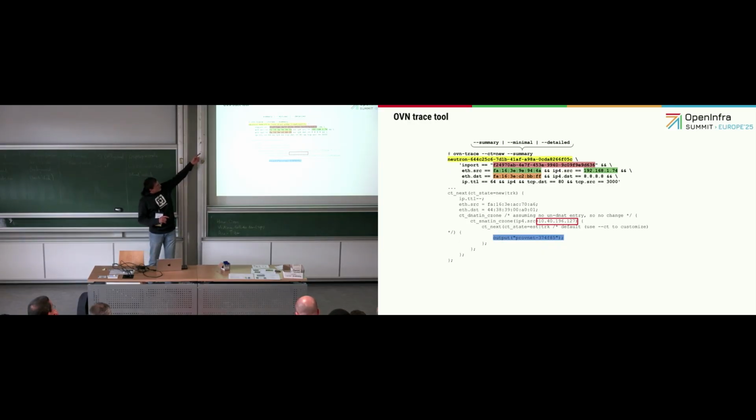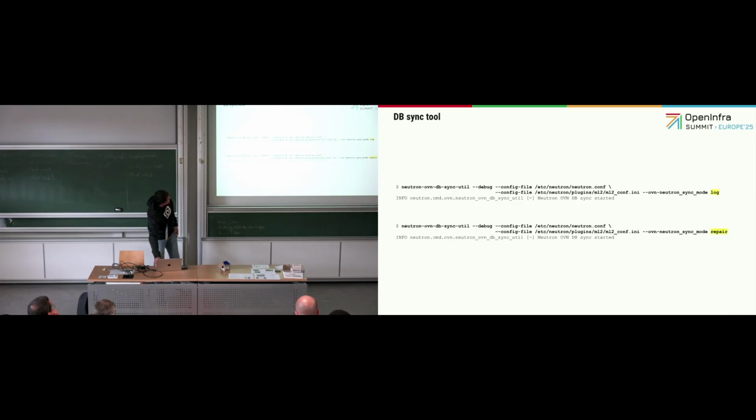This is an example of how unicast traffic for a specific TCP port will go from the private network, from a specific virtual machine, and end up in a public network. And here you can see that in the end, it will be translated by the NAT table to the public address and go to the public interface. So it's quite useful, and I recommend using it, but yeah, it takes some time.